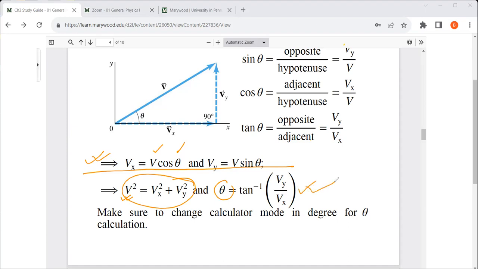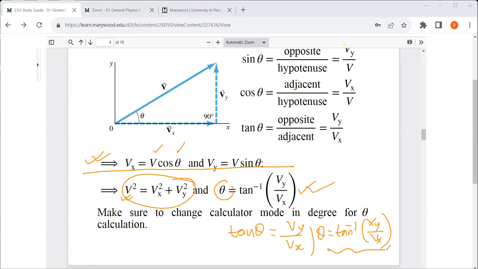The equation was tan theta equal to vy over vx, but we basically want to know theta, not tan theta. So theta is equal to tan inverse of vy over vx.